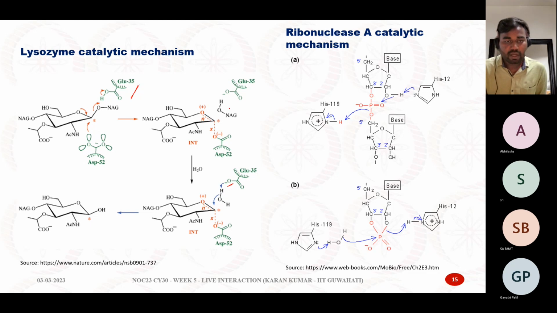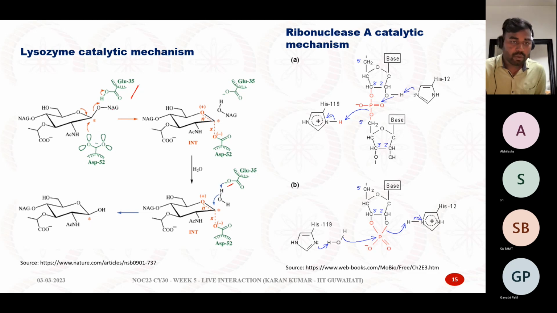So for catalyzing, the pKa value of both amino acids is a must. That is why the concept of ionization and pKa was taken in the second class, so that you can understand the mechanism properly, because all catalytic mechanisms have to do with the pKa value. If you change the pH or the environmental condition, their pKa value will not be the same.